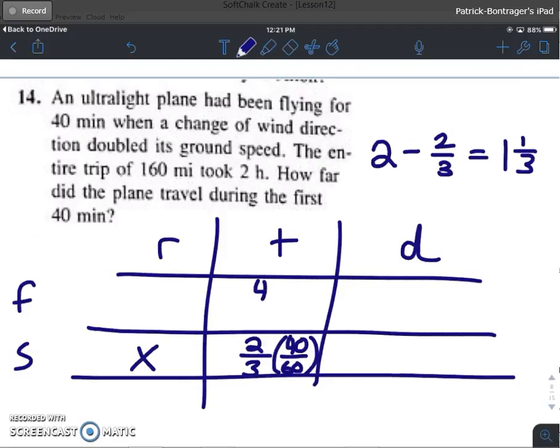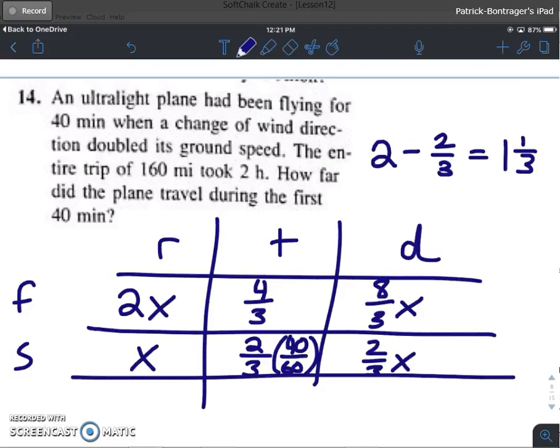We'll do 4/3. And I have no idea about its rate, but it doubled its ground speed, so this can be 2x. Okay, how do I get the last column? I multiply. So I'm going to get 8/3 x and 2/3 x. Now, in this case, I'm adding the distances.